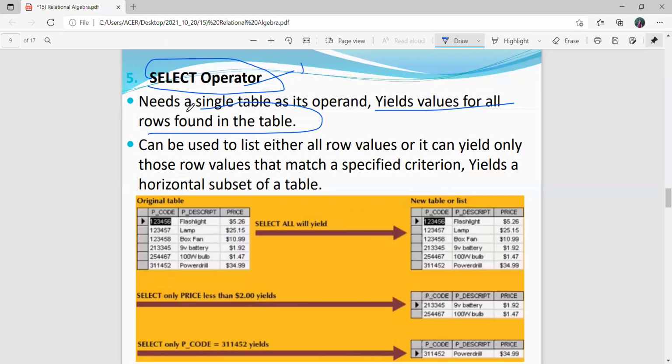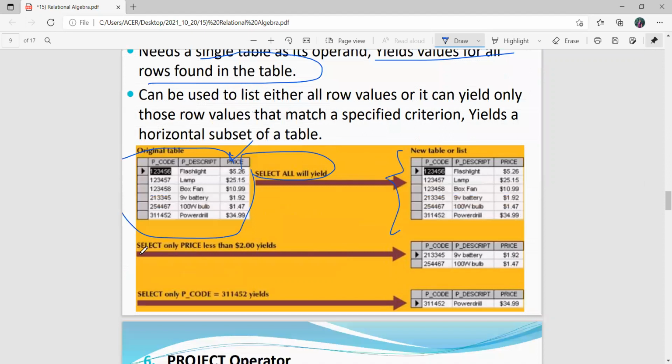It's up to you. You can see when applying the select operator to this table, in this case you are going to select all the tuples from the original table. So this is the output. In this case, you are going to select only the tuples where the price is less than $2.